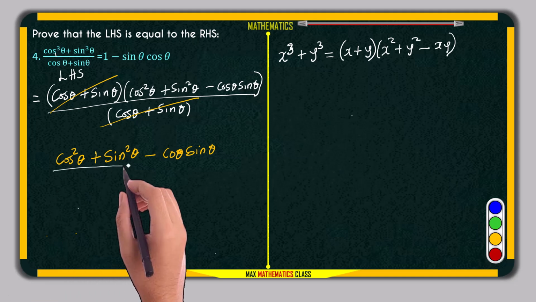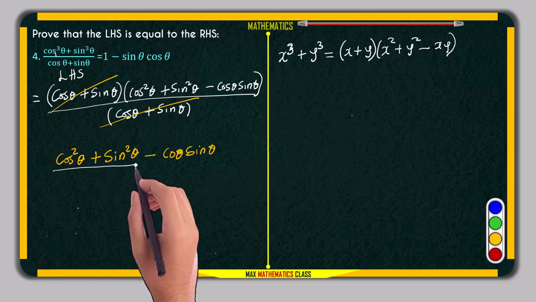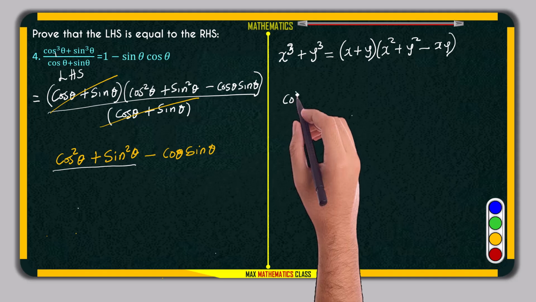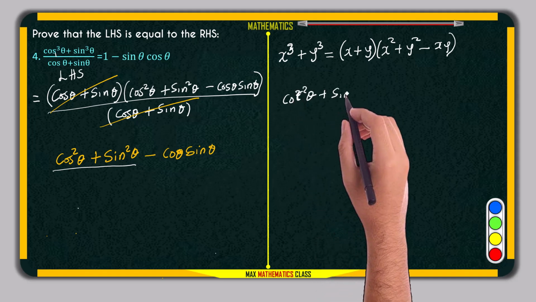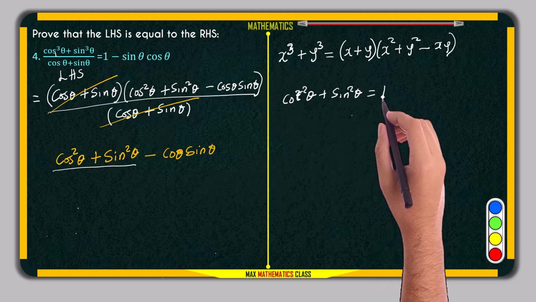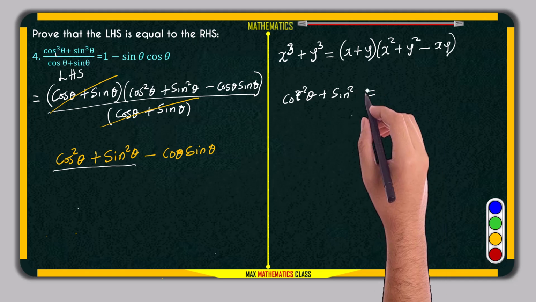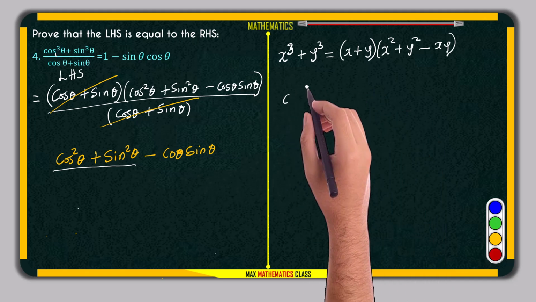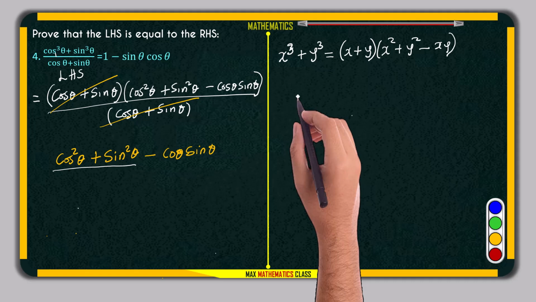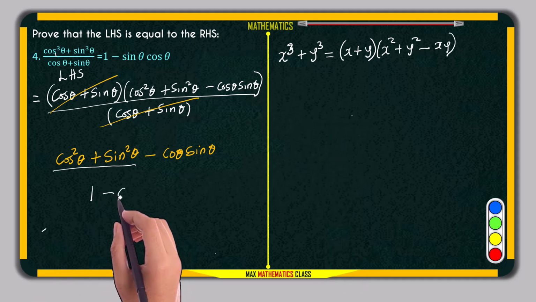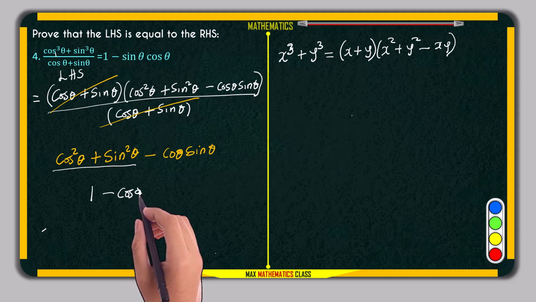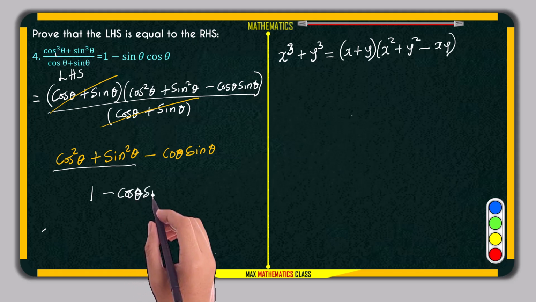And again we know that this value here is the same thing as 1. That is, cos squared theta plus sine squared theta is equal to 1. It's one of the Pythagorean identities. So we are going to replace this value now with 1, so that our new value will become 1 minus cos theta sine theta.